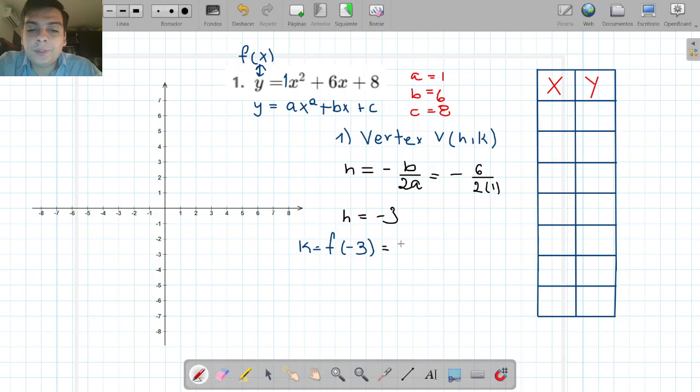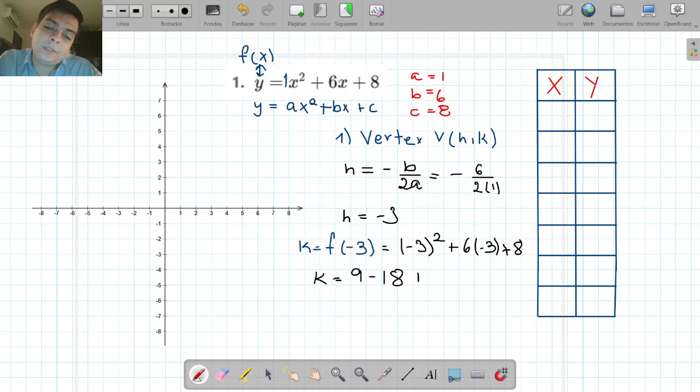In this case, the expression is minus 3 squared plus 6 times minus 3 plus 8. Well, we can find k, which is going to be 9 minus 18 plus 8.